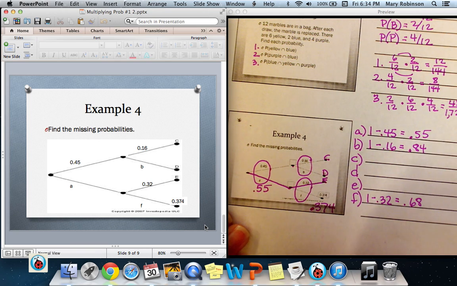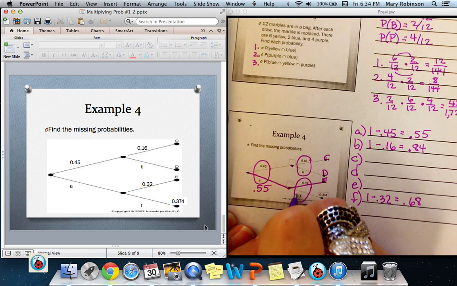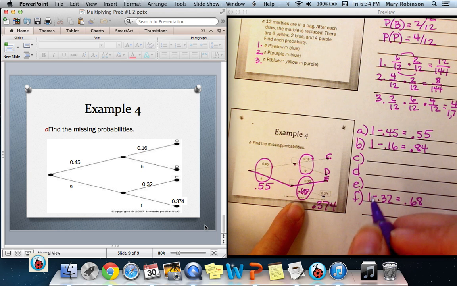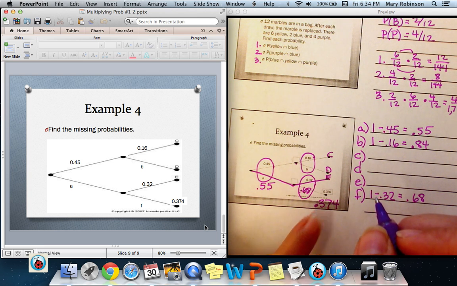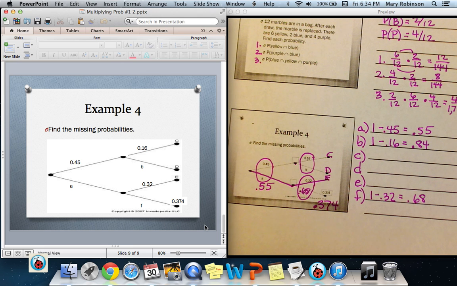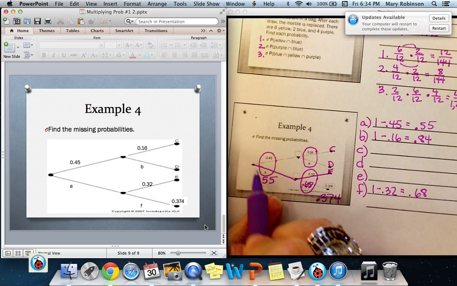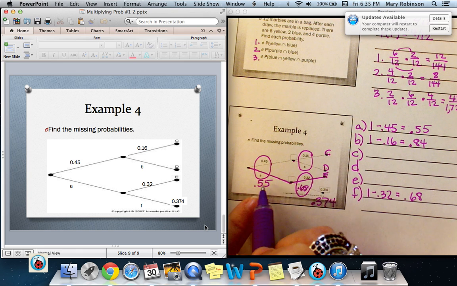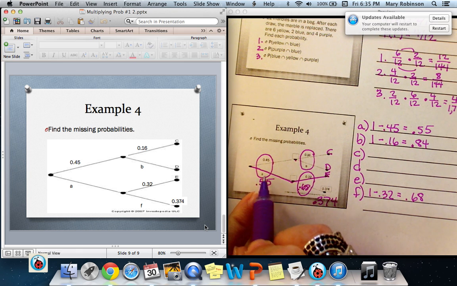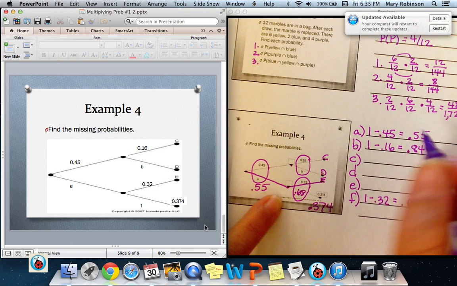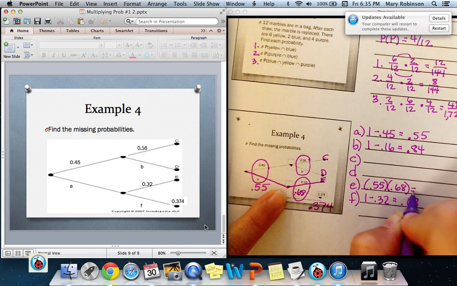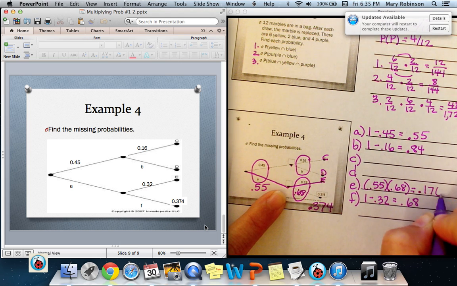So it's helpful to go ahead and fill in what you have found thus far, because we can actually prove that 0.55 times 0.68 is equal to 0.374. So for E, I'm going to put 0.55 times 0.32, and that would give me a probability of 0.176.